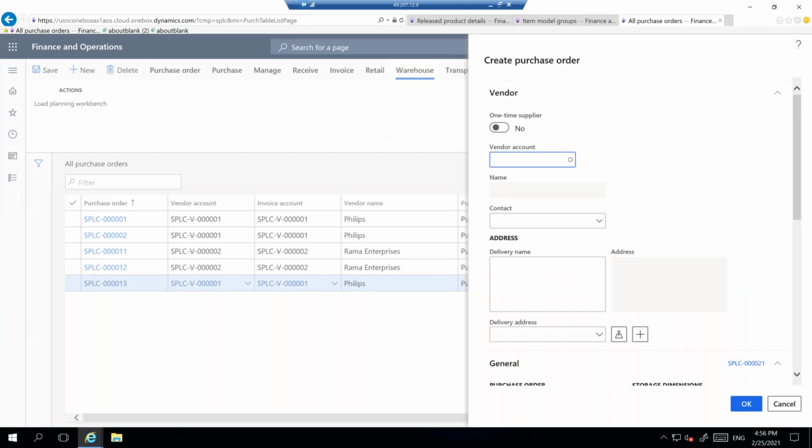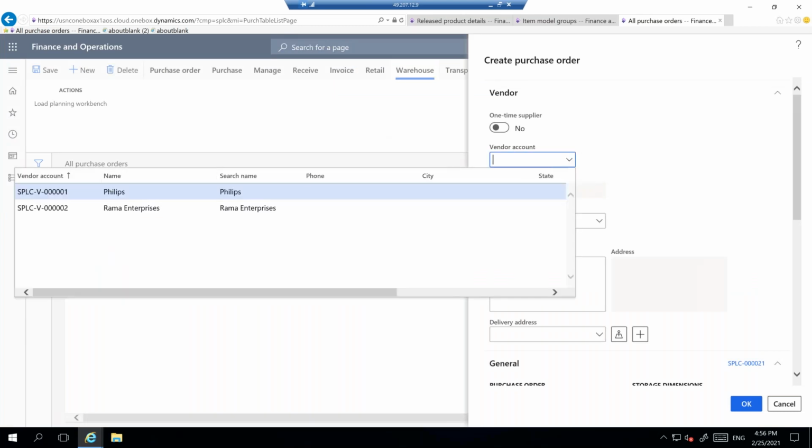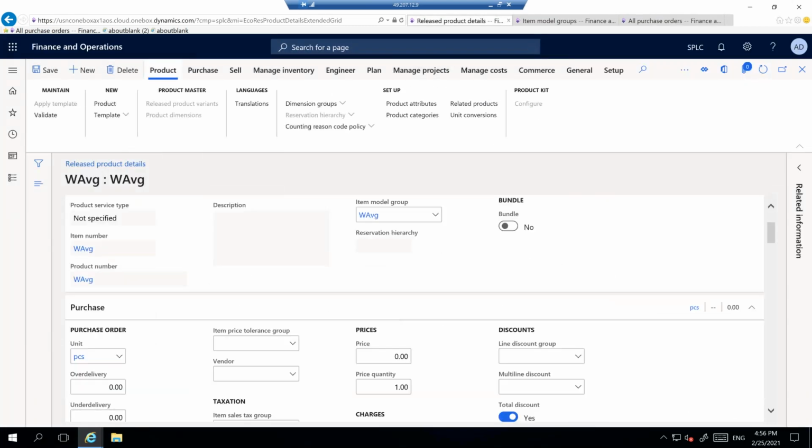Select the vendor, any vendor is fine, but it will keep throwing error messages.